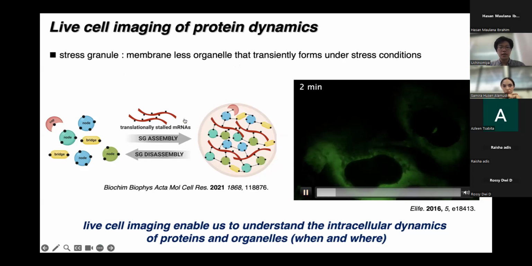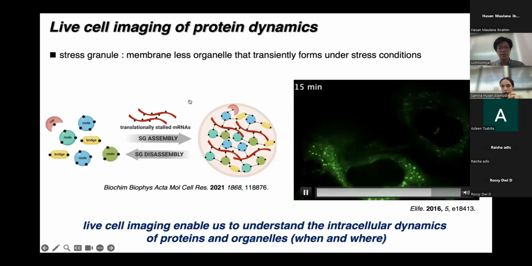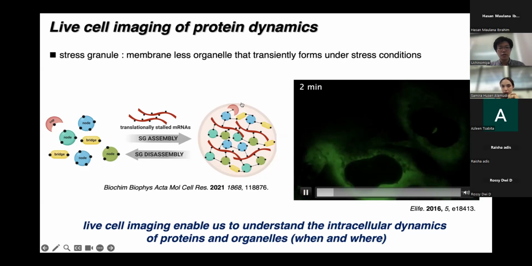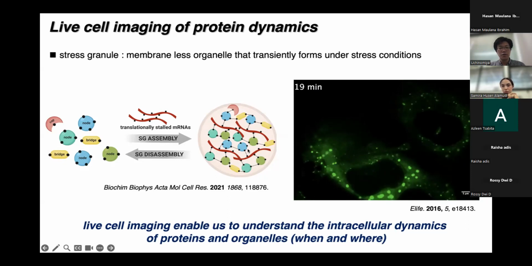So this is a live cell imaging of the formation of stress granules. Here you can see the time after the stress. Okay, once again. So initially we cannot observe the stress granules. However, after 13 or 14 minutes after stimulation, we can see the circles.